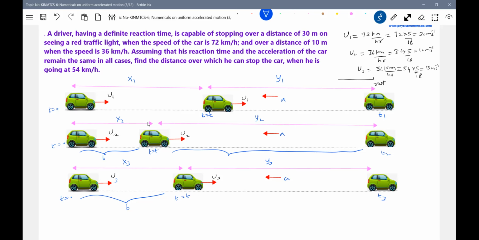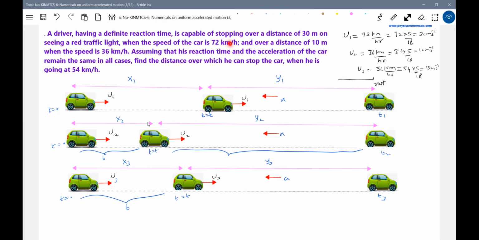See, to put the brakes on, what actually happens here, the car is moving. Then you will see the traffic light somewhere here. Find the distance over which he can stop the car. When he was moving at 72 km per hour, he was capable of stopping over a distance of 30 meters on seeing a red traffic light.